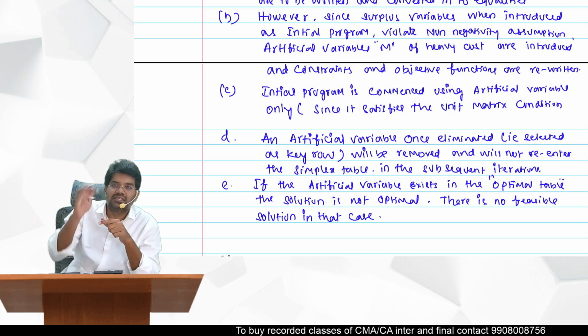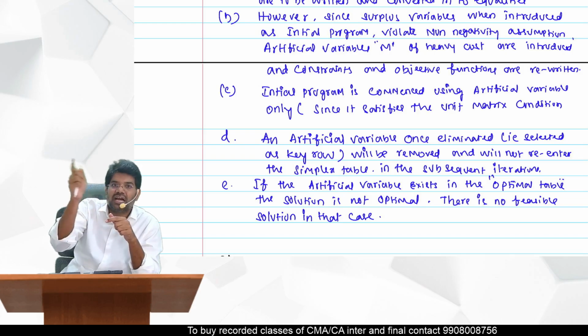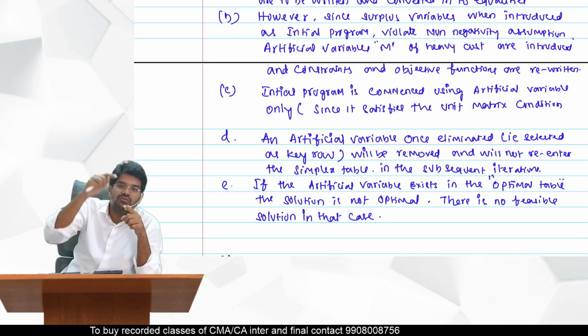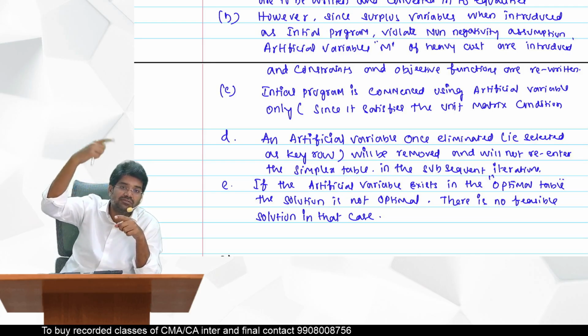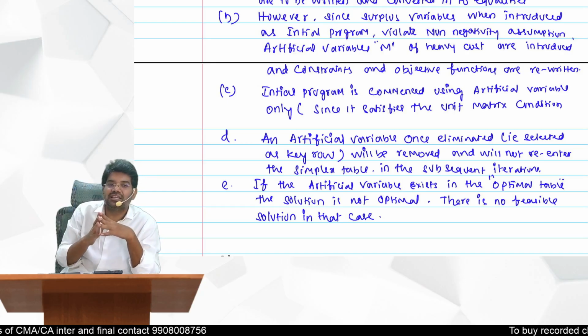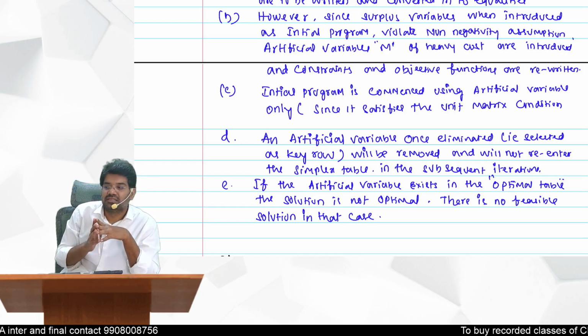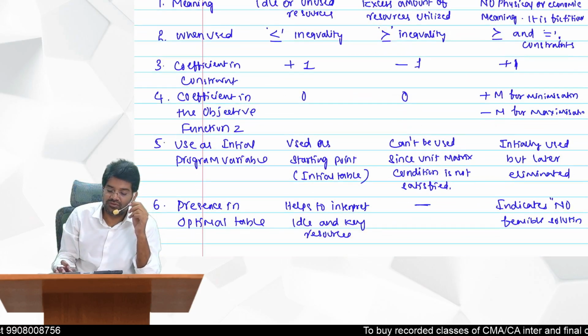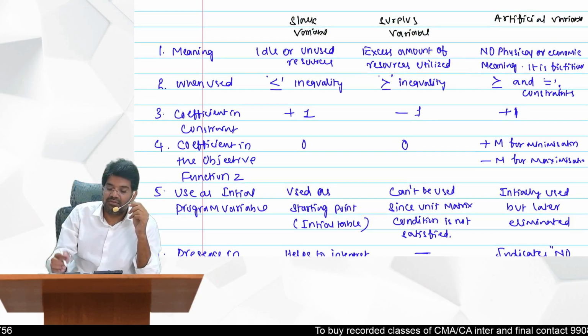Next step is program variables. You should start with artificial variables, like how we started with slack variables in case of maximization. Here in case of minimization we should start with artificial variables, right? So this is what we are supposed to do. I have written here what slack variable, surplus variable and artificial variable are.